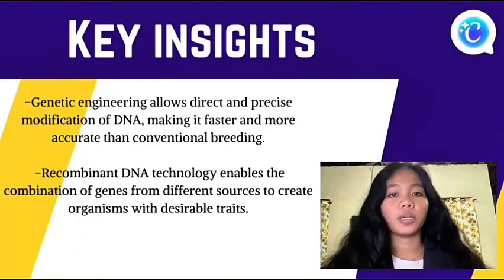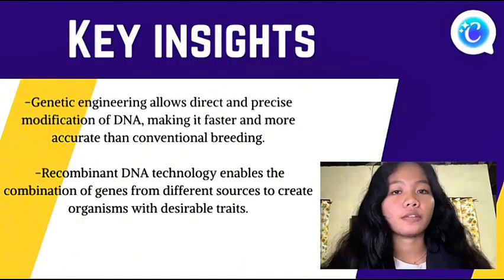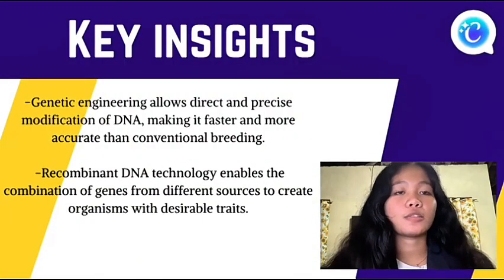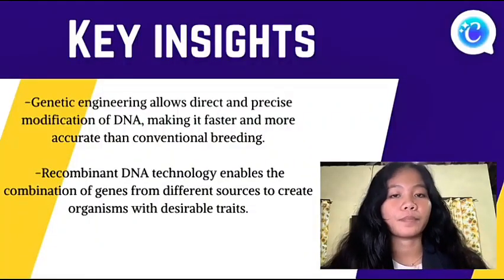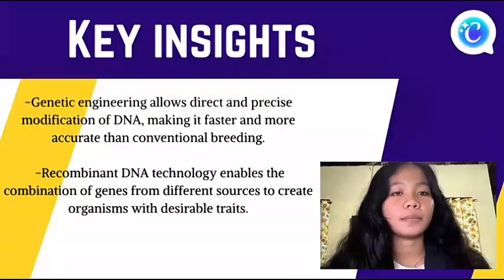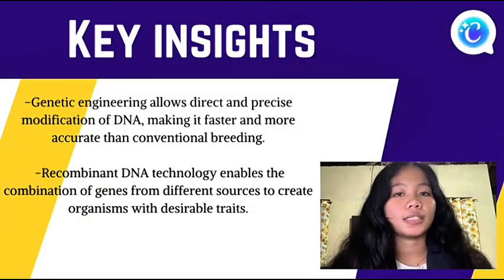Good day, everyone. As we come to the end of our presentation, let us take a moment to recap the key insights we have discussed about genetic engineering and its role in modern science and agriculture. First, we learned that genetic engineering is the direct modification of an organism's DNA at the molecular level.